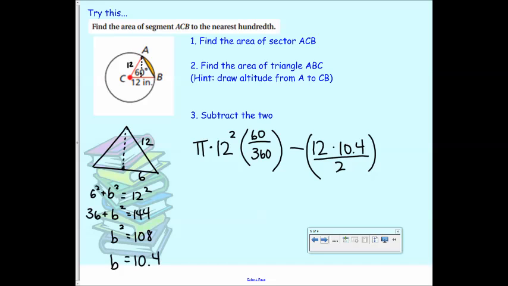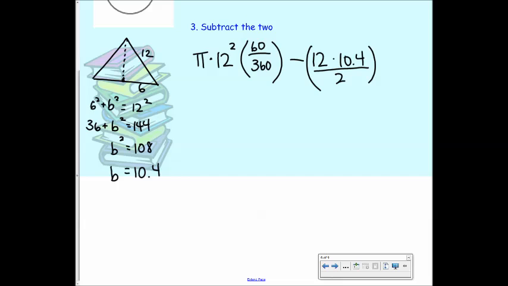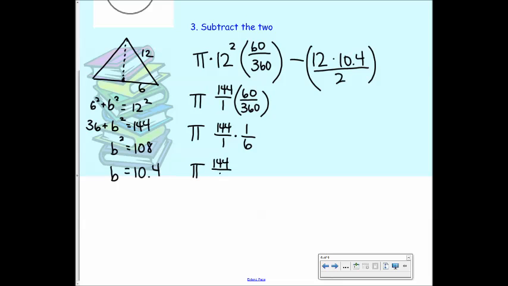What's 12 squared? So 144 over 1 times 60 over 360. All right, so that ends up giving you 24 pi. Again, you can get that as a decimal if you want.